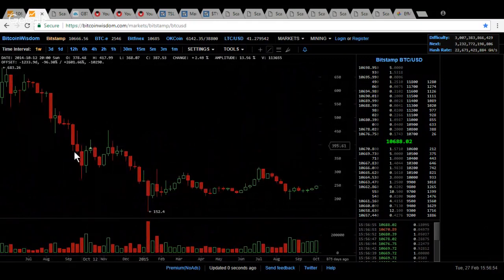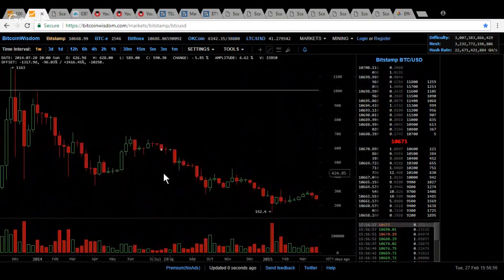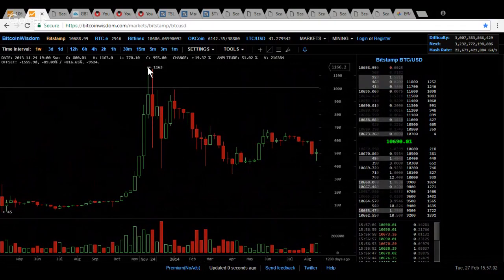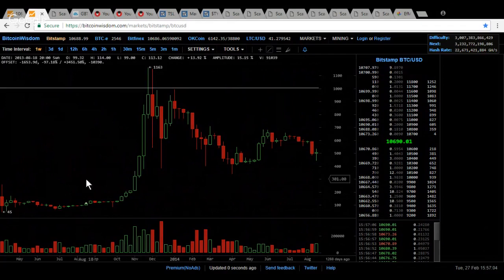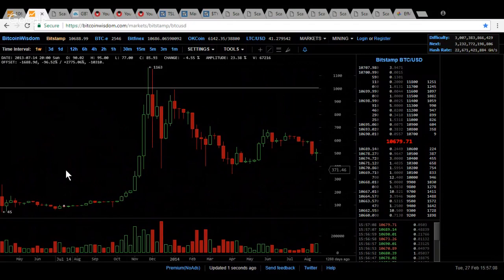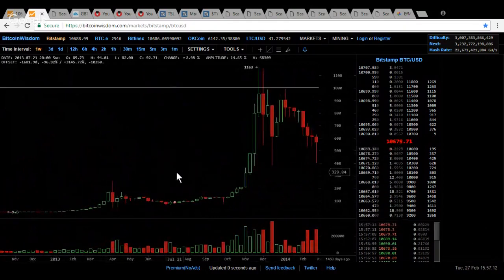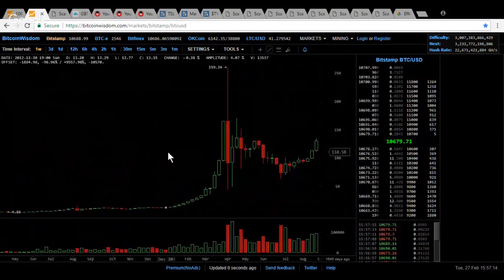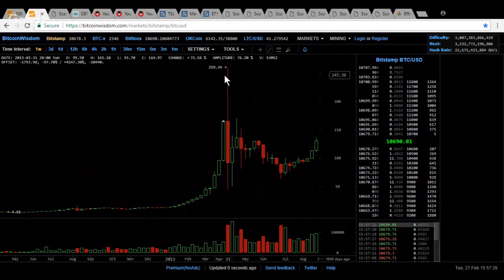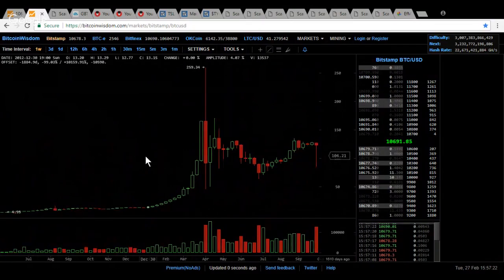And then this giant that took us to 1,000 for the first time, all the way up to 1,163. And we're talking now about the end of 2014. And then as we go back further, there were some very large moves from less than $10 up to $250.